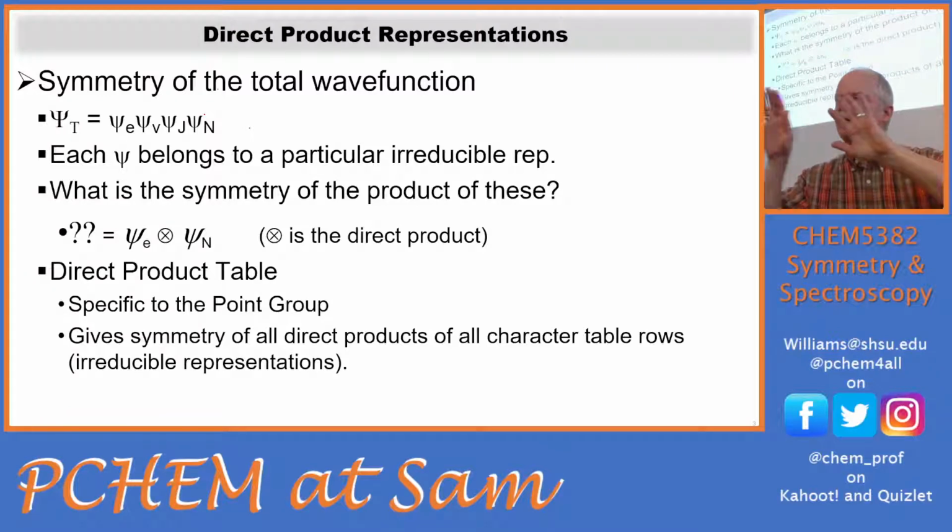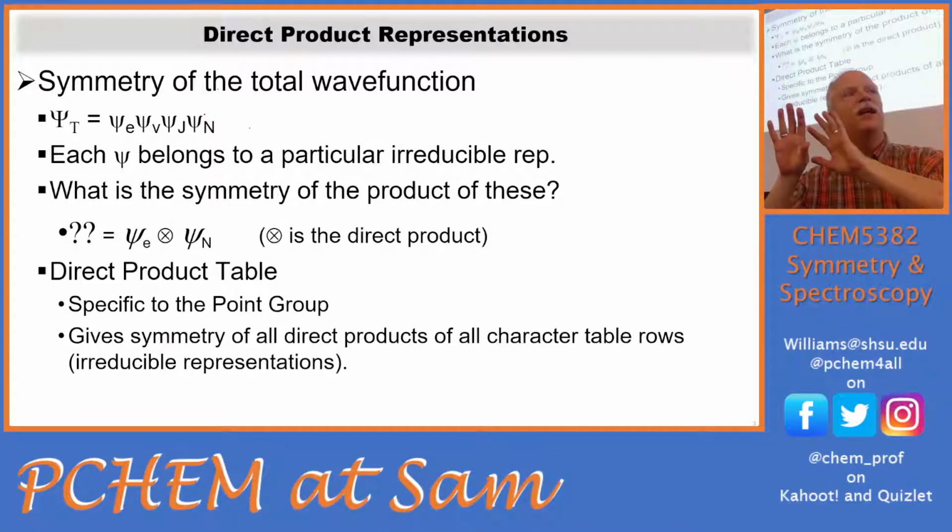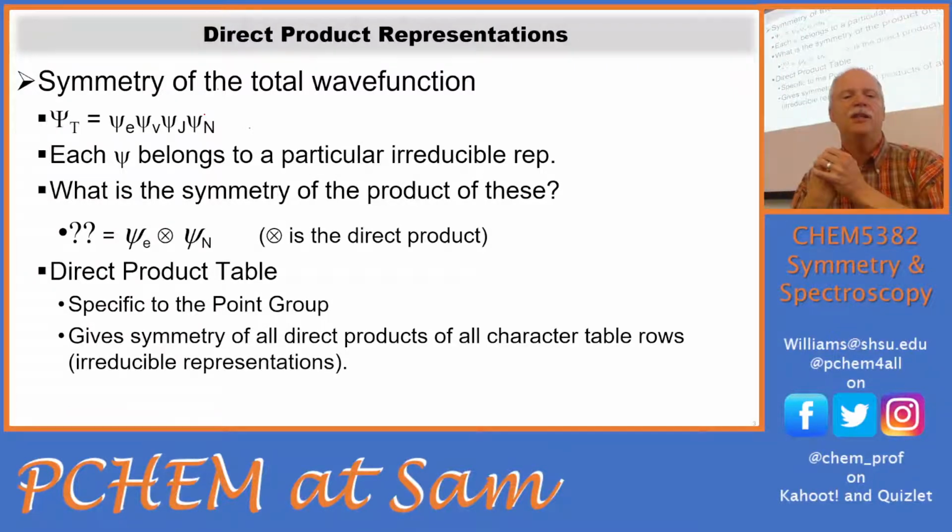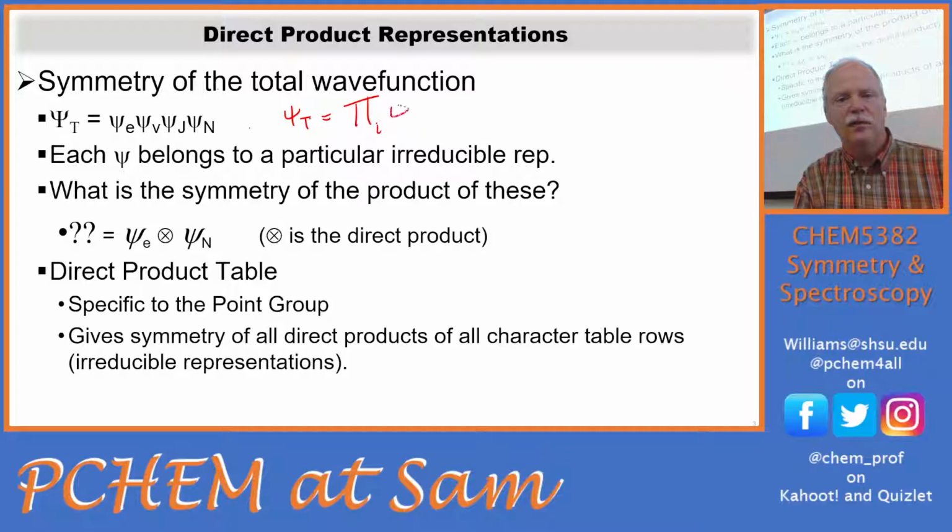And so we have a lot of products of functions, and we can follow those symmetries using the direct products of those rows of the character tables. Just as an aside, the total wave function, psi total, is equal to the product of individual wave functions, okay?